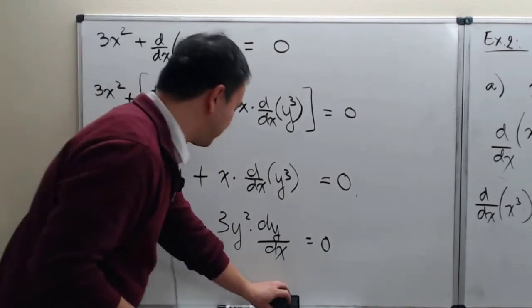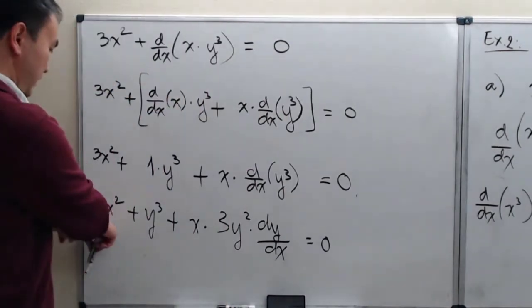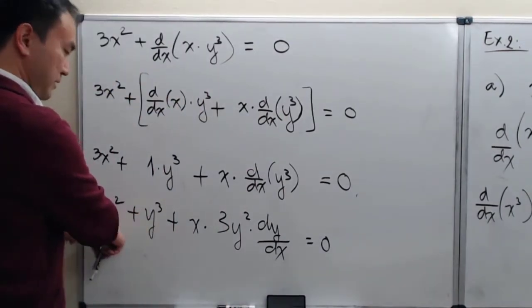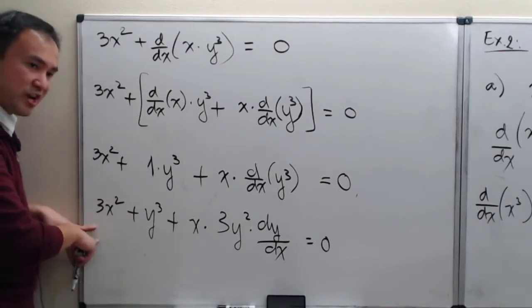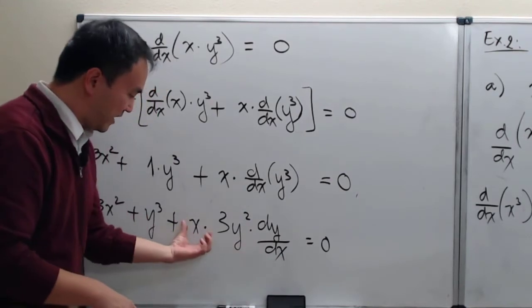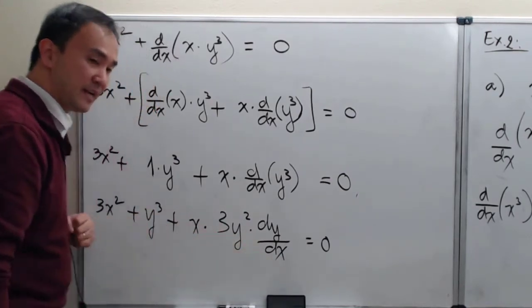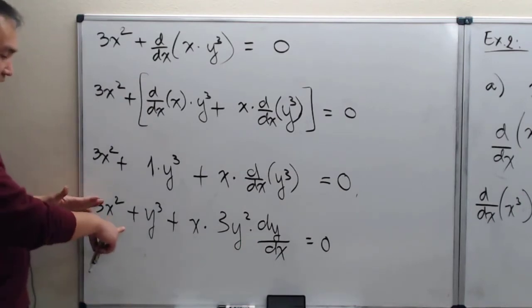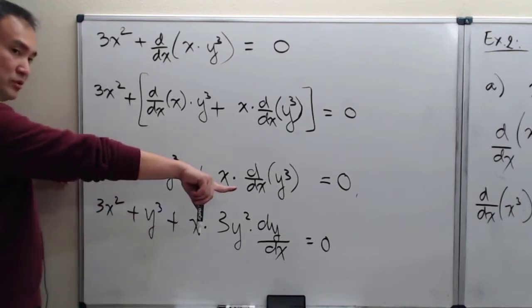Now I am going to see that all these terms here are independent of dy dx. There is no dy dx associated as a product with these things. Only that term, and by the way, you can write it as 3xy squared times dy dx. But in the next step, I am going to subtract all these non-dy dx terms to the other side.